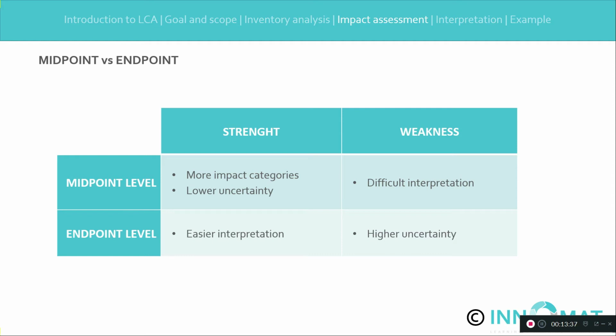So the advantage of midpoints is that many effects are shown with lower uncertainty than endpoints, but the disadvantage is the difficulty in interpretation of the whole dataset in terms of product benchmarking. The disadvantage of endpoints is a higher uncertainty with more subjective assumptions, but the advantage is easier interpretation of your product comparisons.